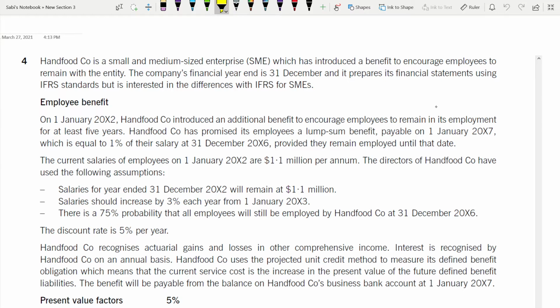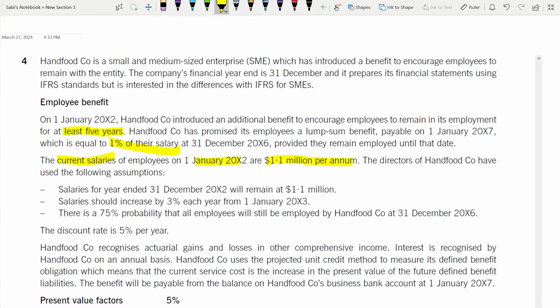Handfoot has promised its employees how many years? 5 years. It has promised its employees a lump sum benefit payable on 1st of January 2007 equal to 1% of their salary on 31st December 2006, provided they remain employed until that date. The current salary of employees on 1st of January is this much, 1.1 per year.